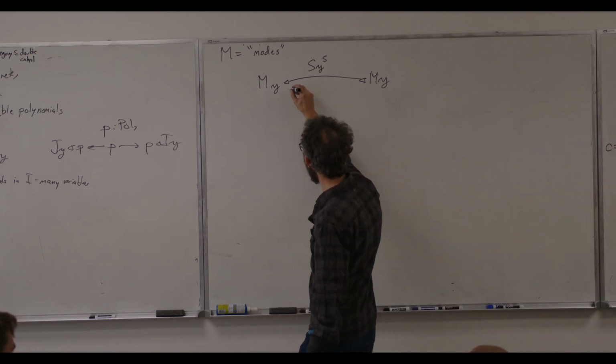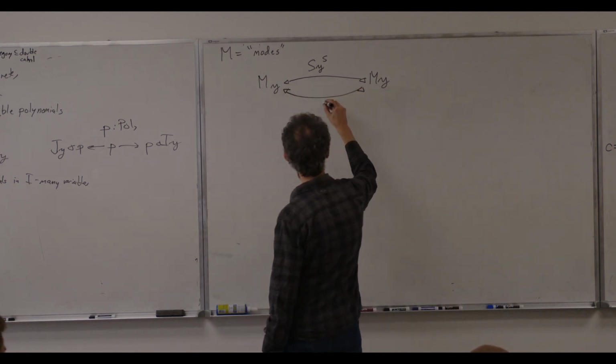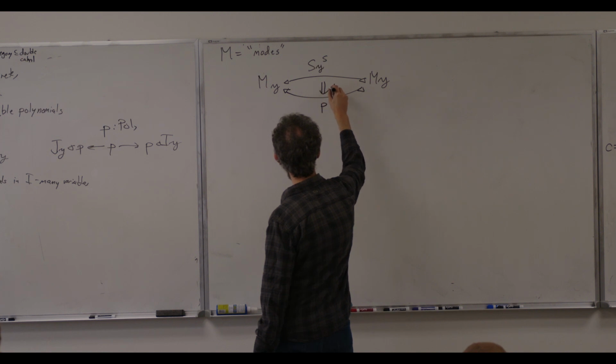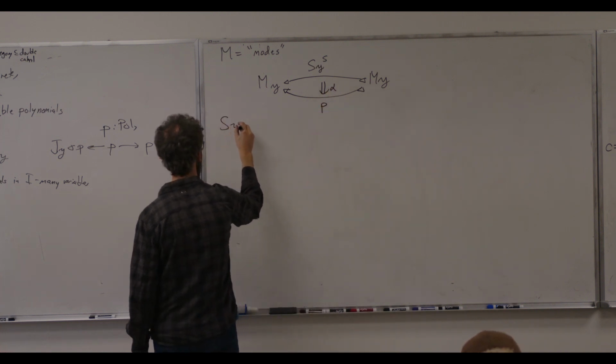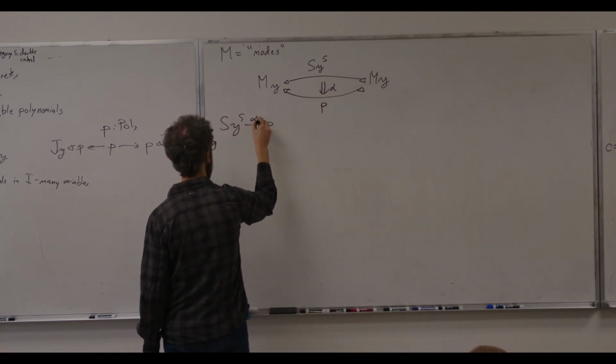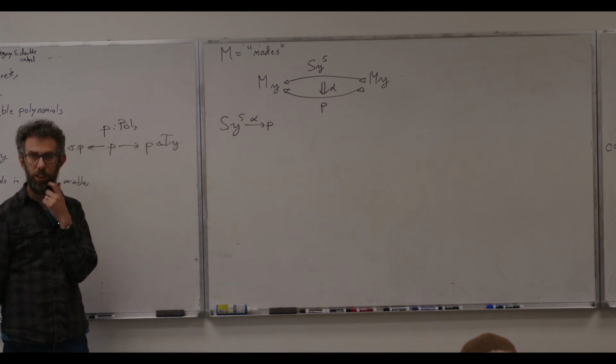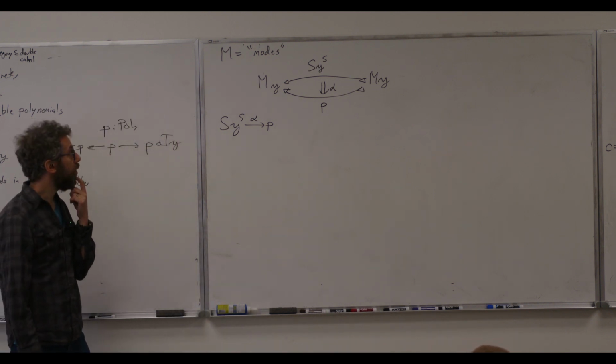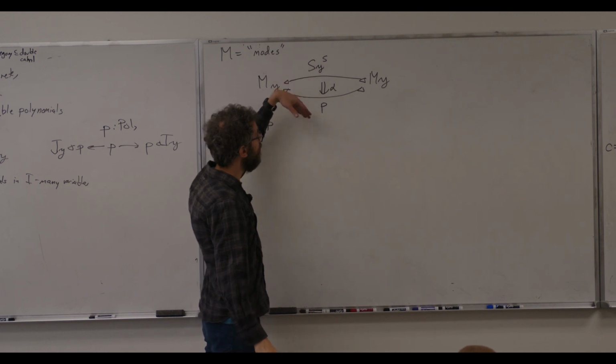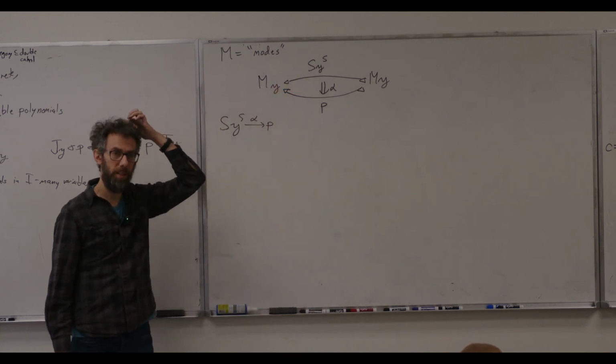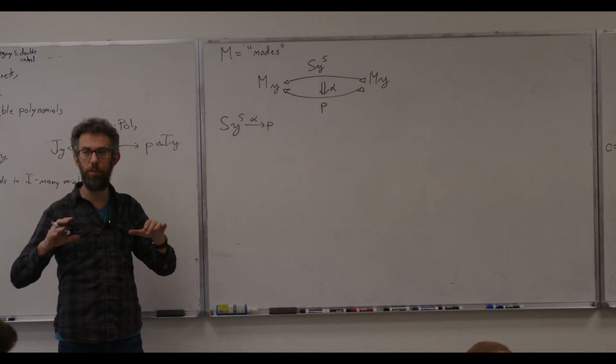So what we're going to do is write down a map. Remember, we used to think it was a good idea to write down maps like this. We called those Moore machines or generalized Moore machines. So one of these will still be a map Sy^S to P. It's just going to have some commutativity requirements on it.